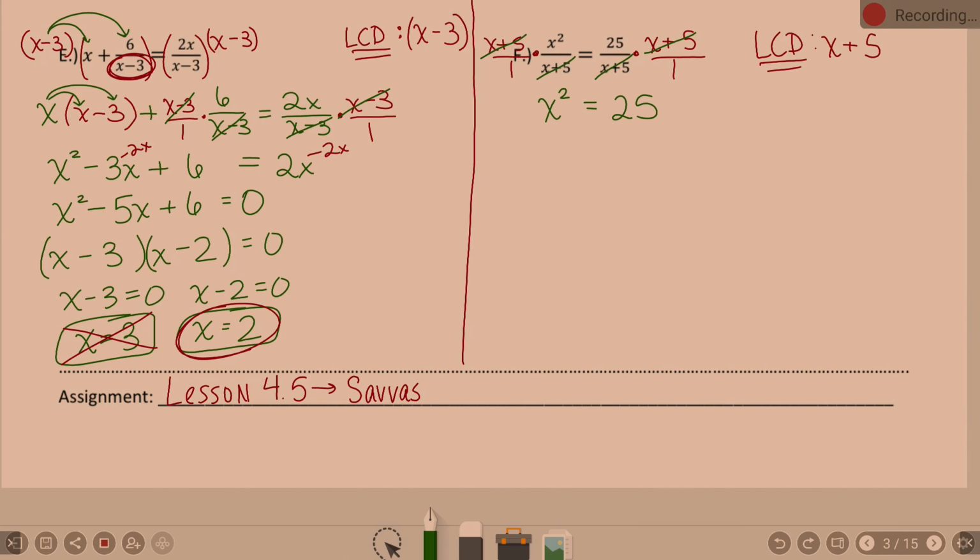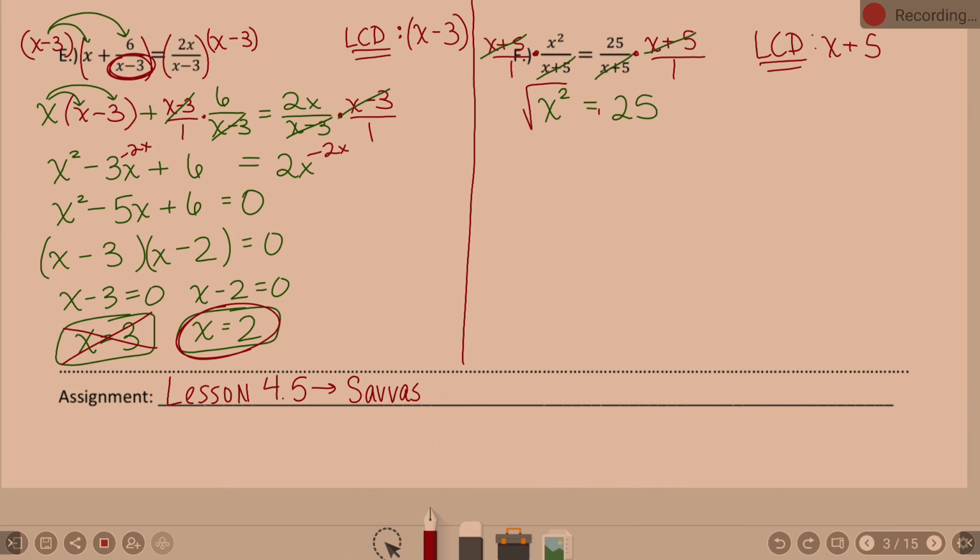Haven't solved anything like this recently. How do we solve? One option, subtract 25, and then factor it. Do we remember the other option? Could we just take the square root right here? We can, and both are good, guys. Both are perfectly legitimate. I'm going to mention the square root, though, because I want to remind you of something.